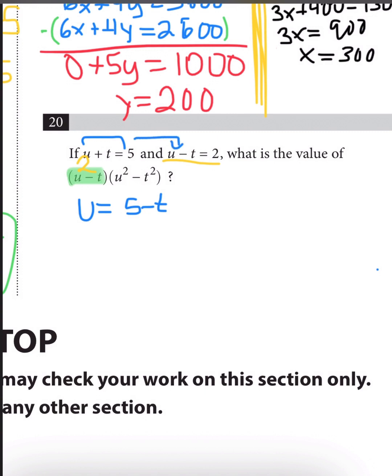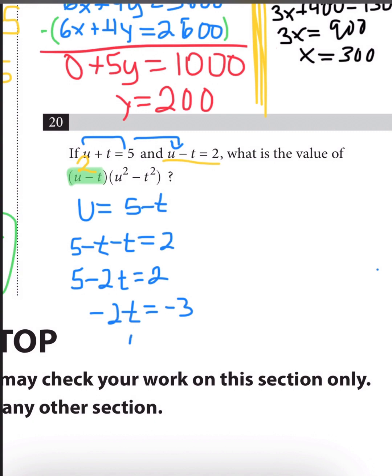Now we can do 5 minus t minus t equals 2. 5 minus 2t equals 2. Minus 2t equals minus 3. T equals 3 over 2. Okay, now let's plug that back in and solve for u.